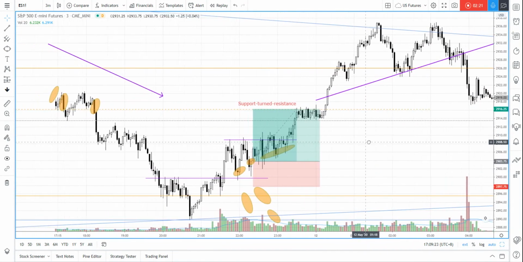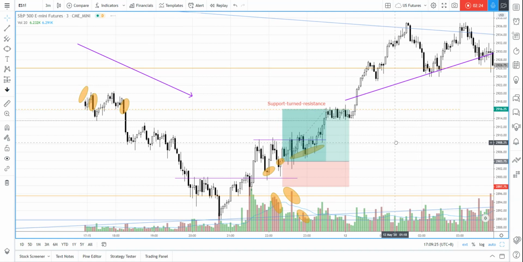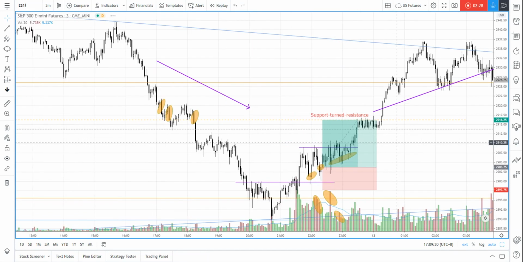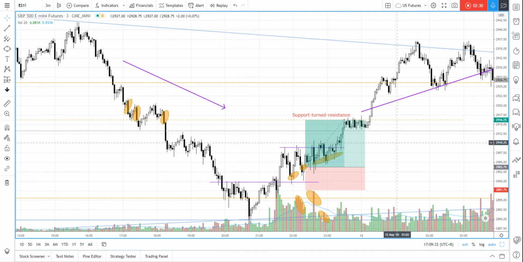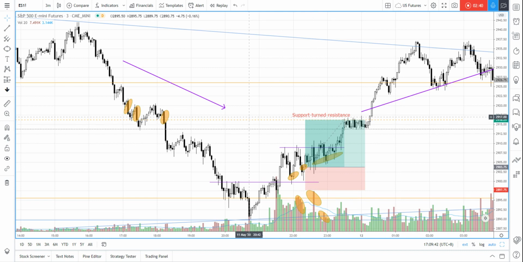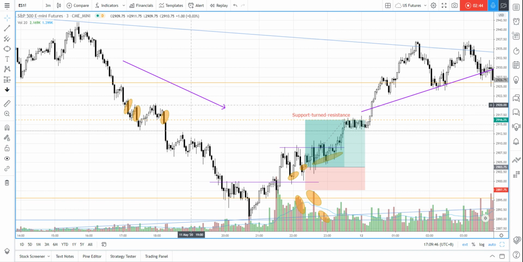As you can see here, I have already done some markup. In my video yesterday, I talked about some levels to pay attention to and possible reversal and possible long entry if there was some kind of reversal showing up. The first level that I pay attention to is the 2915 to 2920 level, which is the region around here.